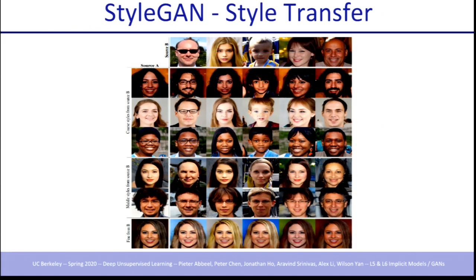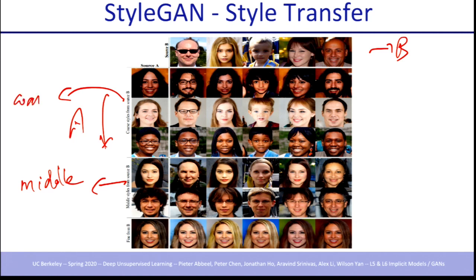So this is the StyleGAN style transfer. Now this is source A, and this is source B. And this is more like middle, and this is coarse. This is fine.